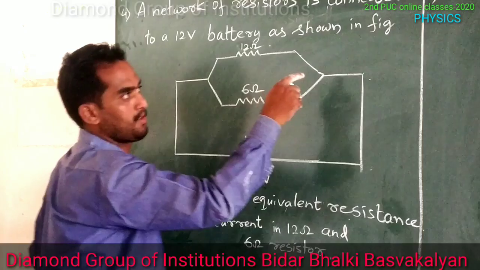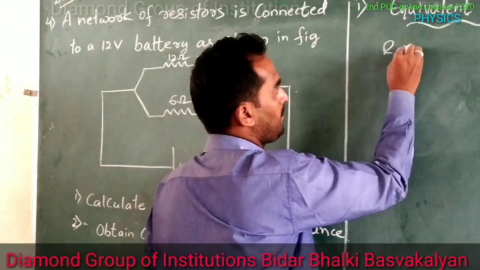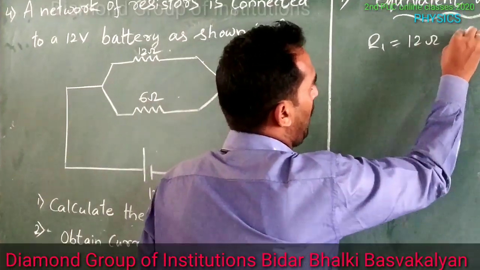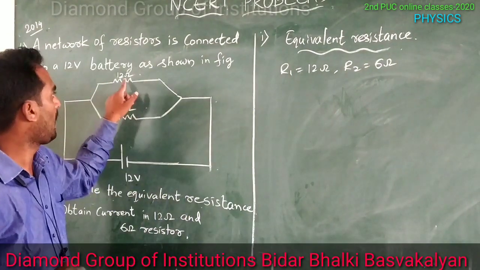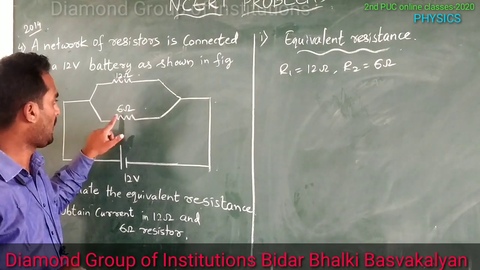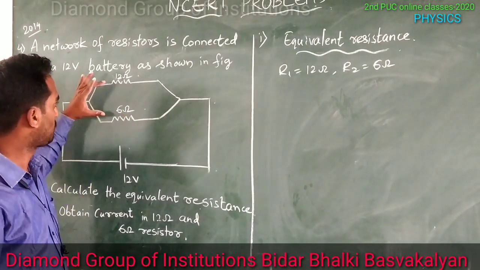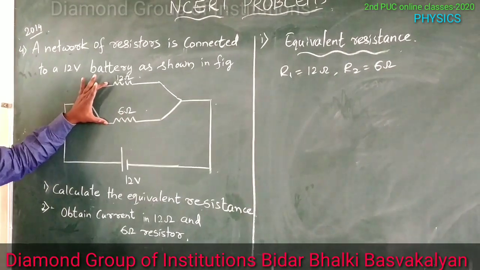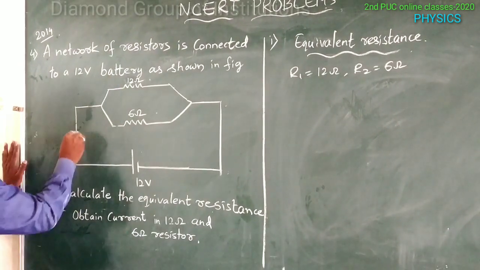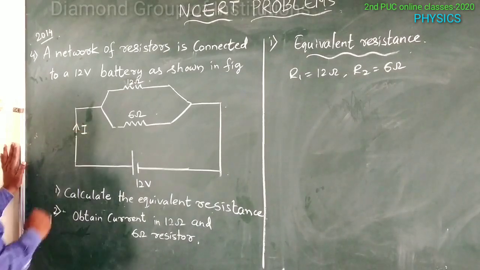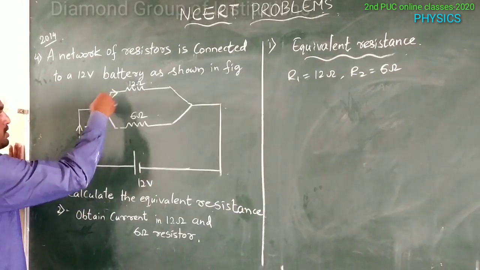So first resistor value given R1 equal to 12 ohm, R2 equal to 6 ohm. See here, both are connected in parallel. That means the current I is divided into how many parts? 2 parts.